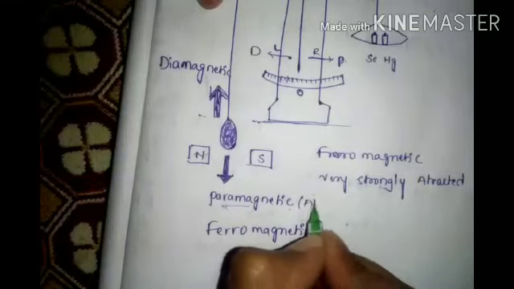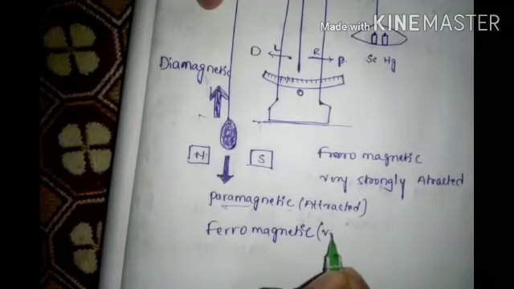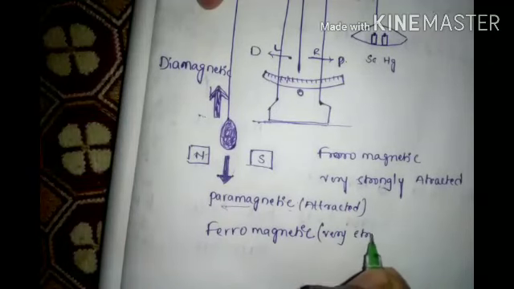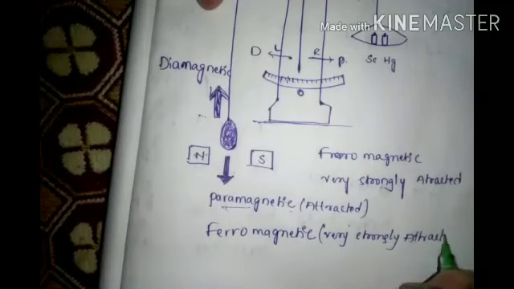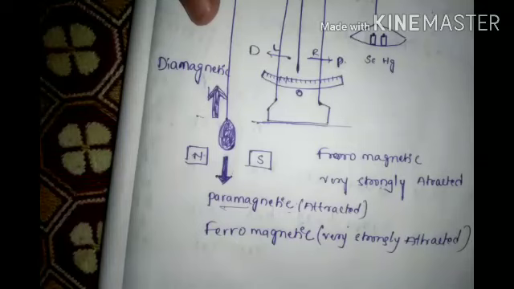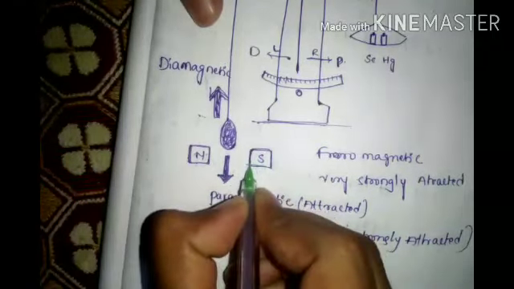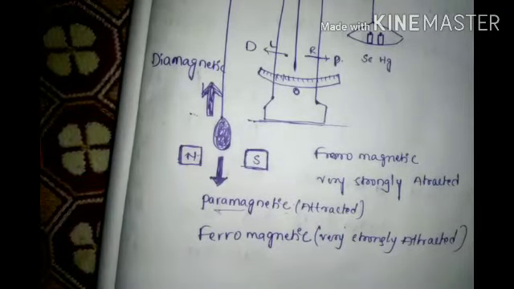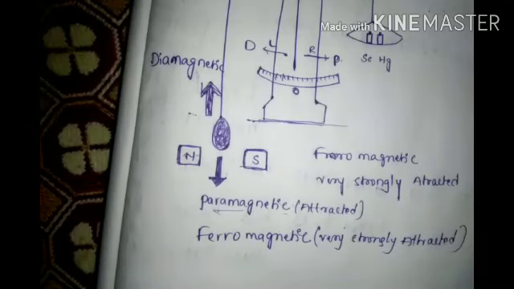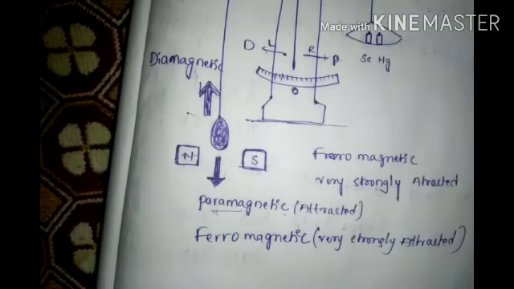It is very strongly attracted by the north and south poles. Diamagnetic means the north and south poles repel it. Paramagnetic means they attract it.